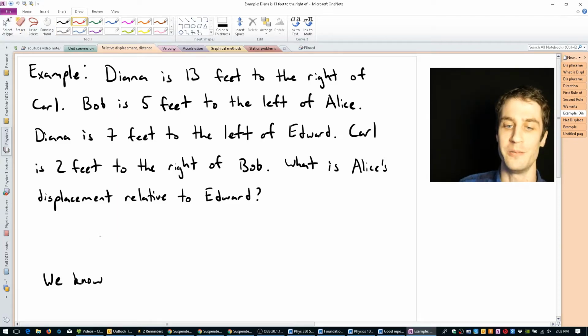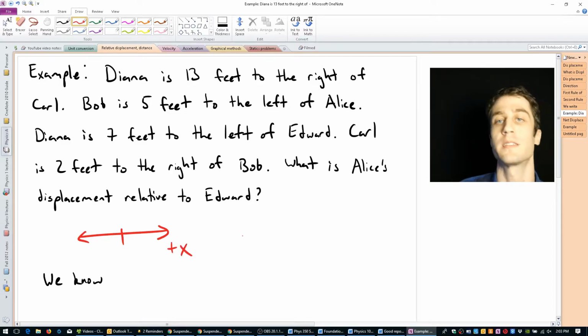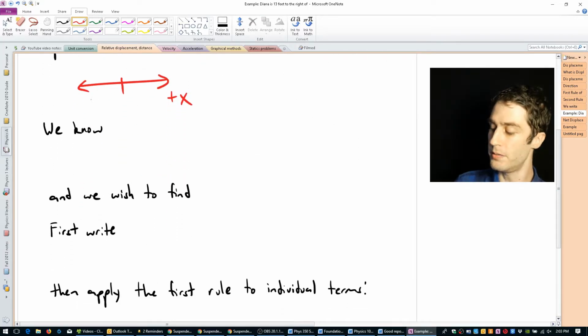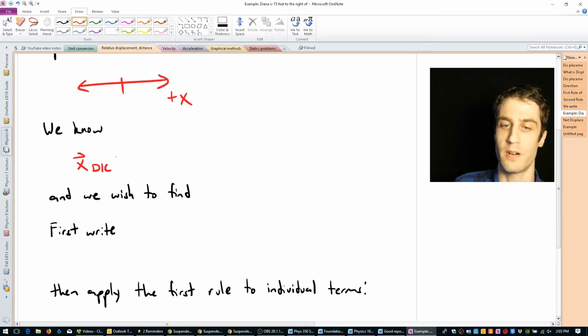But here's what I do. I'm going to first begin by specifying my coordinate system. I'll say that positive x values are to the right. And we know a bunch of information. Let me try and get it all down. X Diana relative to Carl is positive 13 feet.